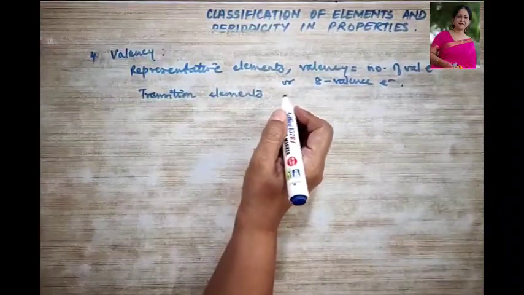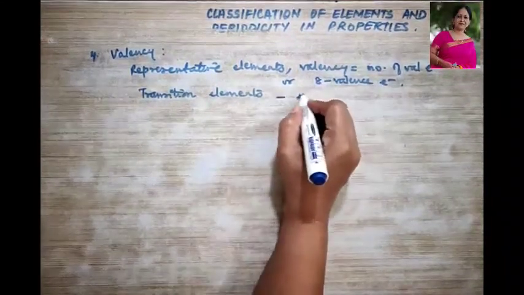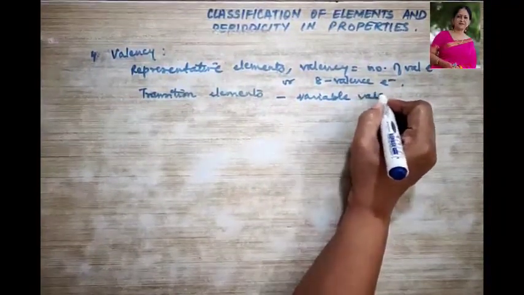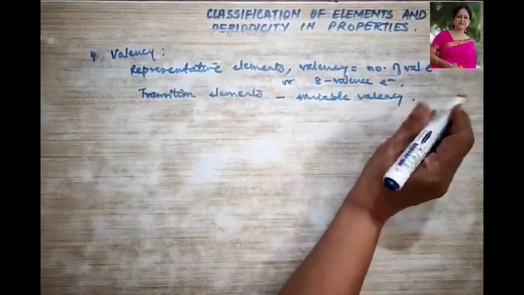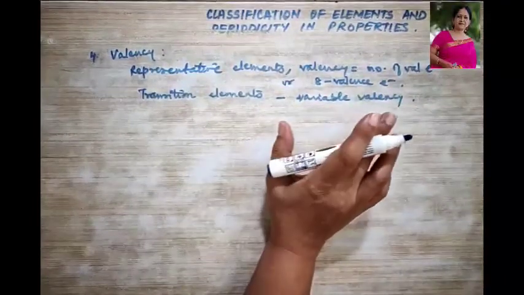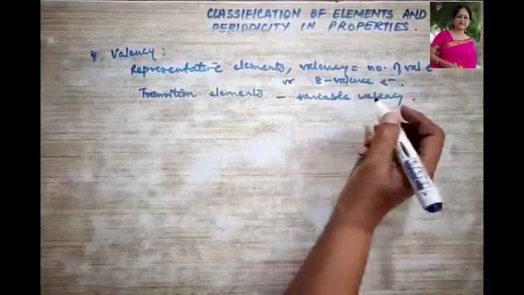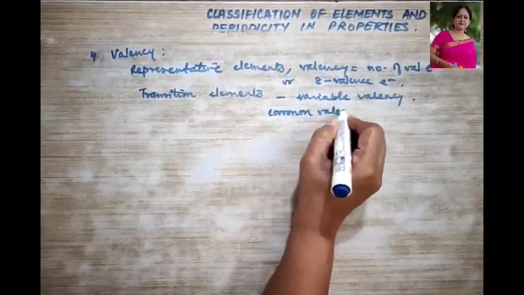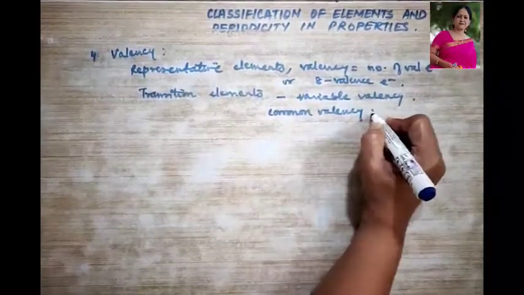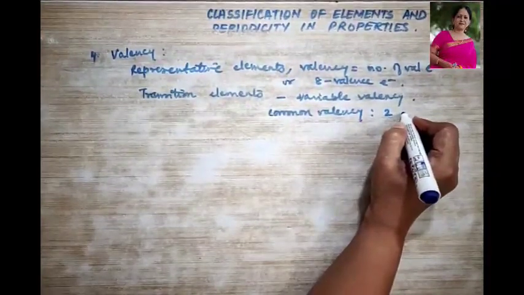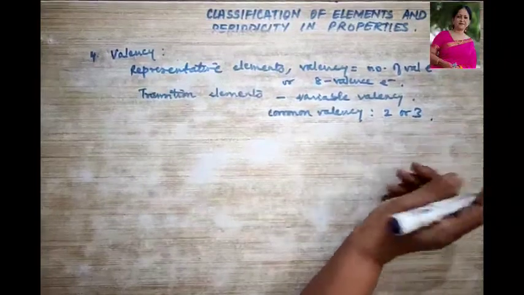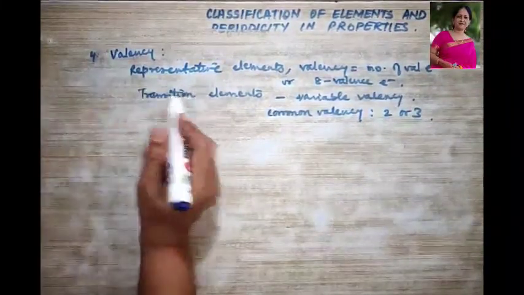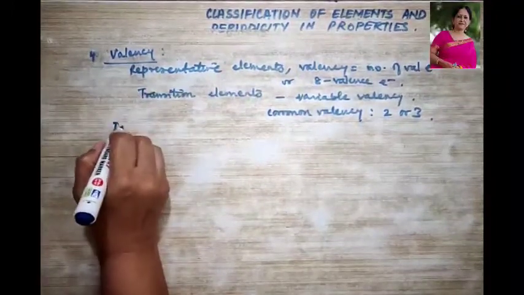How do we find out the valency? They show variable valency. The common valency of transition elements is 2 or 3. Okay. Now, we are talking about valency in a period.